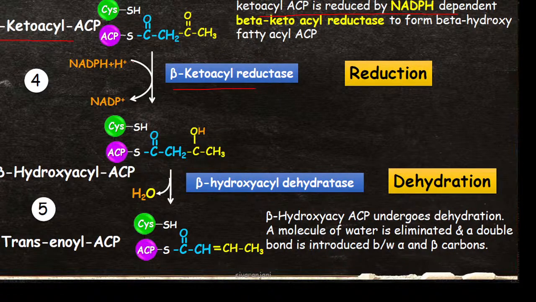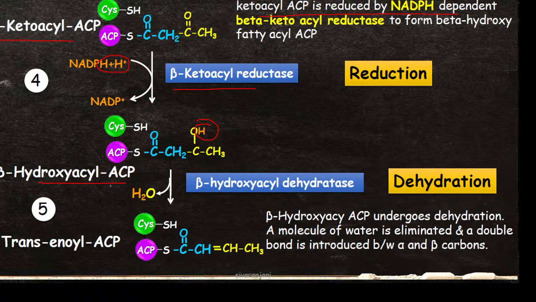This requires a molecule of NADPH that is converted to NADP, and the two hydrogens from NADPH2 are transferred to the beta ketoacyl ACP. That will form beta hydroxy acyl ACP.